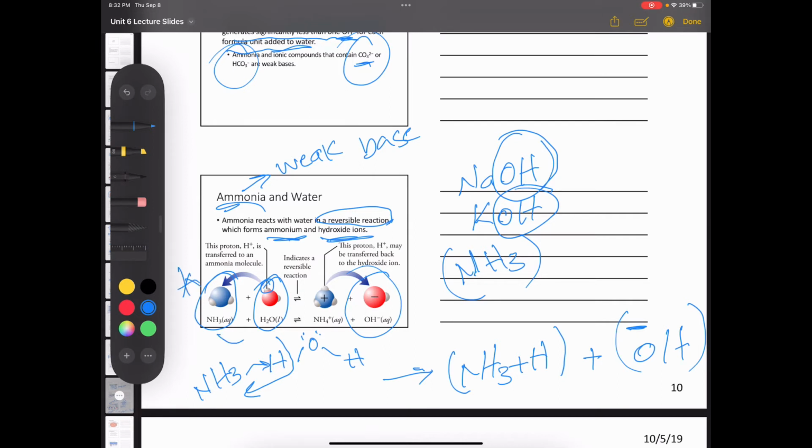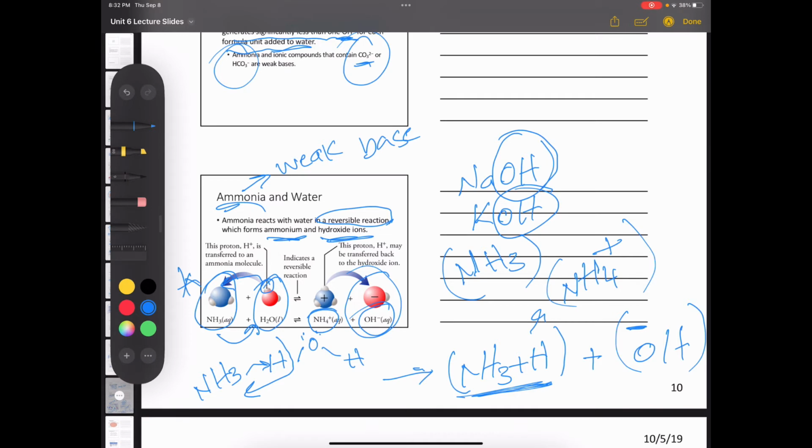You have the ammonia reacting with water. The ammonia is grabbing that proton from water, which results in ammonium, with an M. That's why this one is NH4 plus. Okay, this is just for the sake of illustration. We don't really write it this way. So it's NH4 plus the hydroxide ions, and that's where the hydroxide comes from.